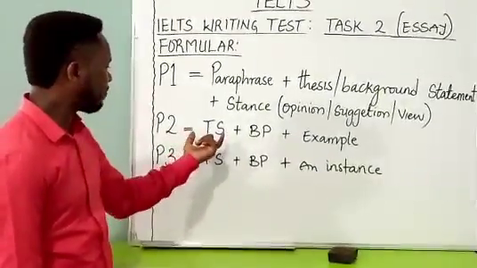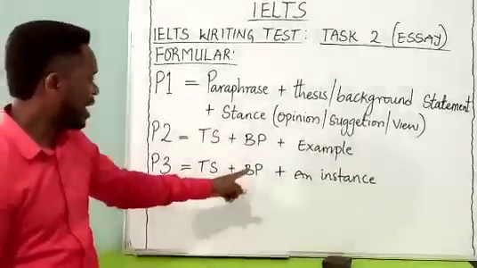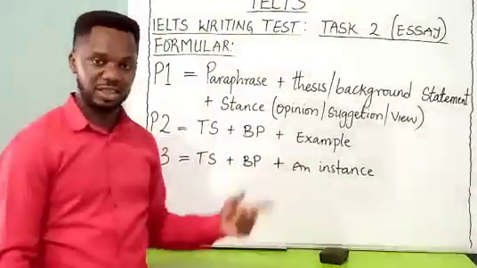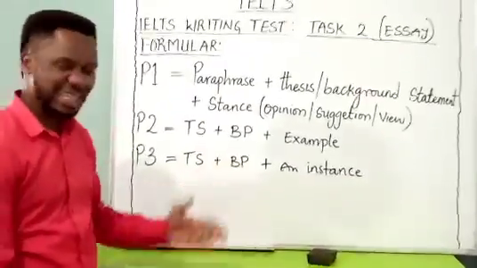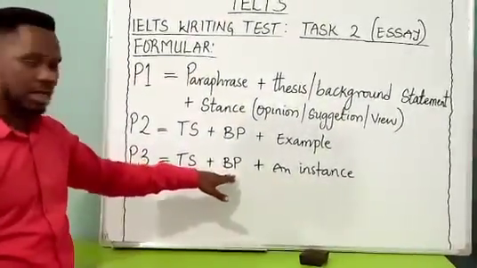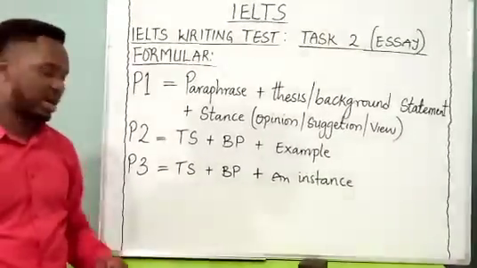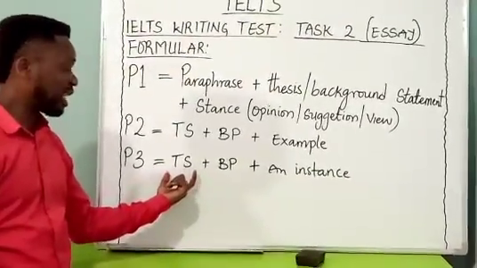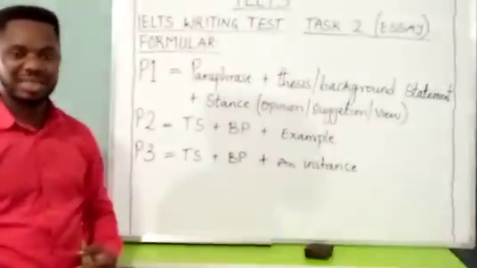So you're following the topic sentence, the same comes in here, your body paragraph, the same thing, and then you add up an example to buttress your point, or like I've written here, an instance that buttresses what you are expressing in your body paragraph, which is the detailed form of your topic sentence.